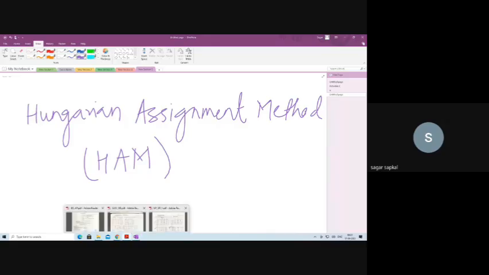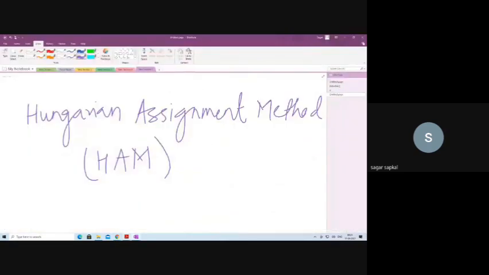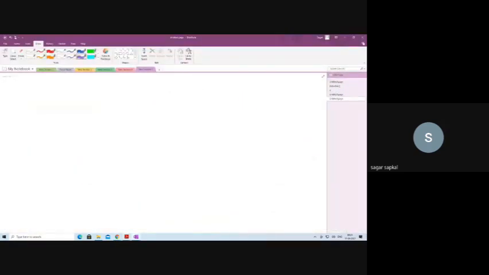Now take down this problem. Suppose there are four supplies S1, S2, S3, S4 and four destinations T1, T2, T3, T4 where we want to make the assignments. What is the problem?